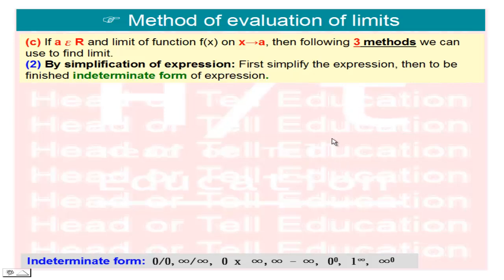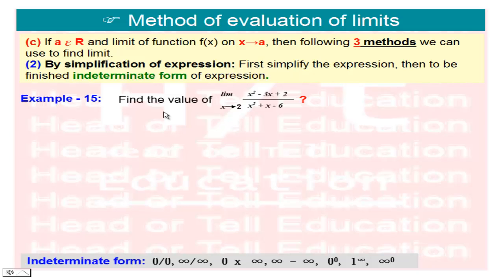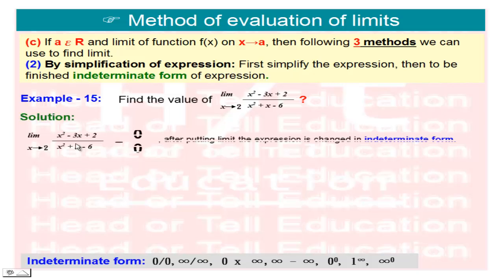For this we take one more example: find the value of the limit as x tends to 2 of (x square minus 3x plus 2) divided by (x square plus x minus 6). Solution: if we use the limit x tends to 2, the expression becomes 0 divided by 0, an indeterminate form. So first we have to simplify this.